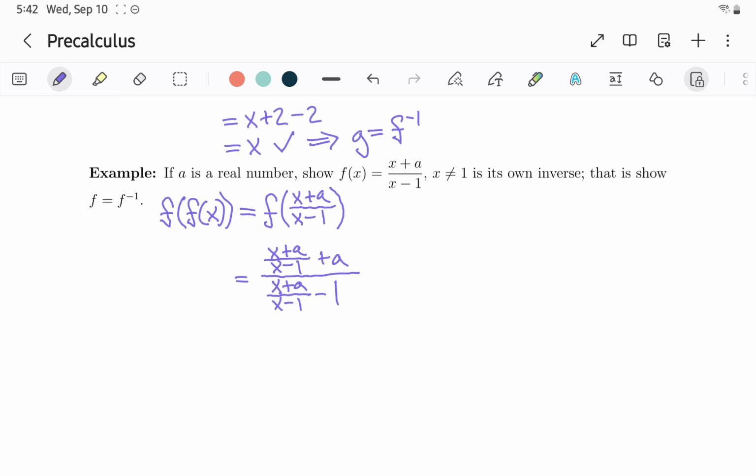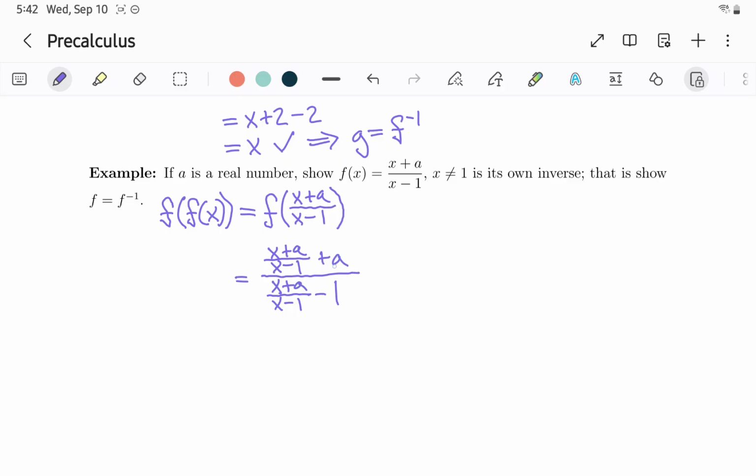And so now to start trying to simplify things in both the numerator and the denominator, we want to add the terms that we have in the numerator and the denominator. To do that, we are going to have to create a common denominator. So here in the numerator, we have x plus a over x minus 1 and then plus a. In order to add a to this fraction, we are going to have to give a common denominator.